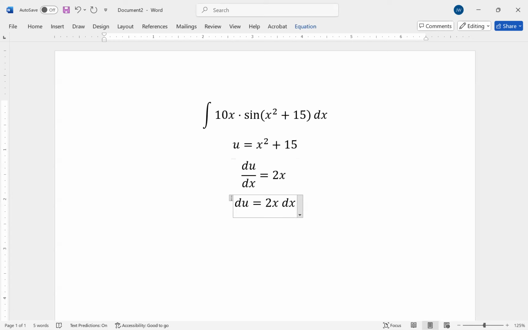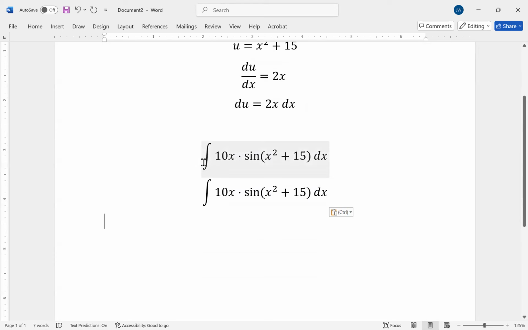Now, in a previous problem, I divided by that coefficient of 2. I ended up with almost the exact same thing. I could divide right now if I'd like, or I could notice that this coefficient of 10 is just as easy to factor. So whichever way you want to do this, I'm going to factor that coefficient of 10, so I'm going to leave it as is.